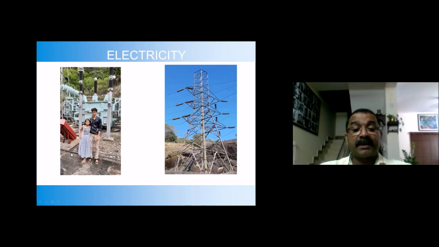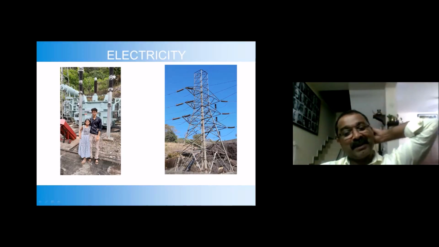And from this transformer, through lines, these are called transmission lines, power will be coming to your home and will be doing work for you, and it will return actually to our powerhouse later.